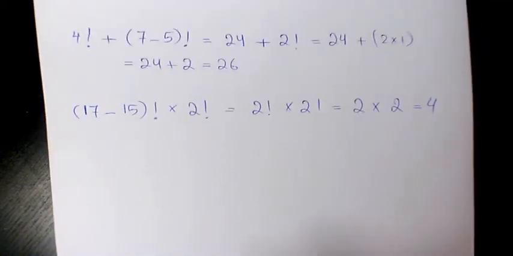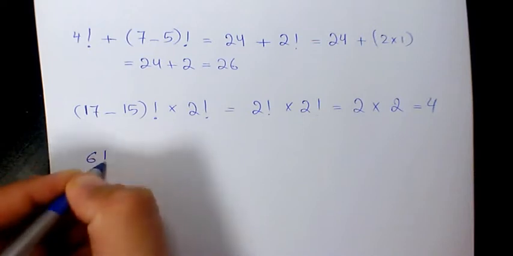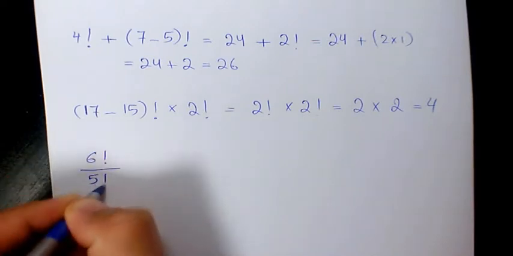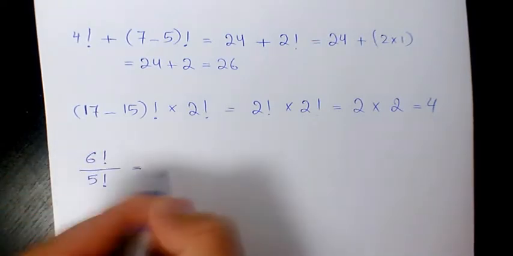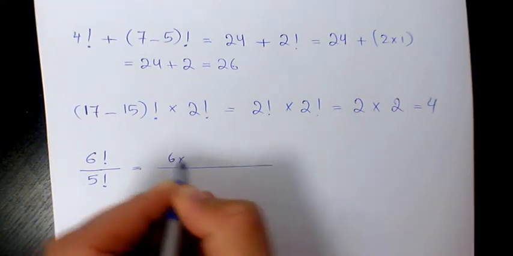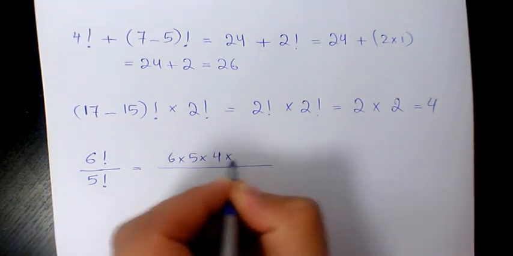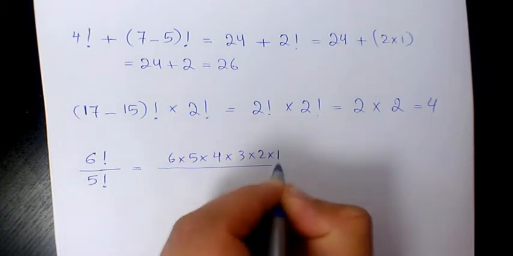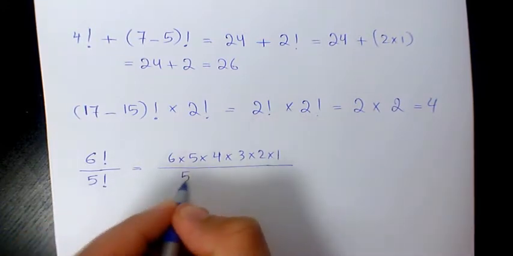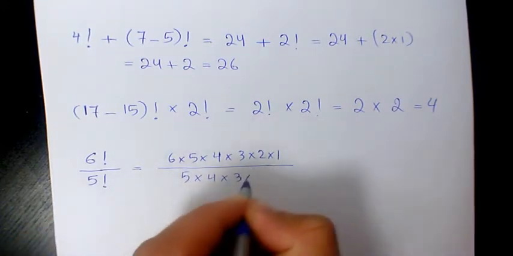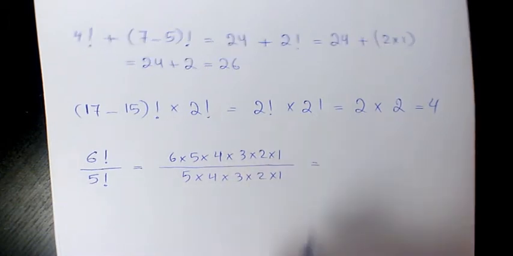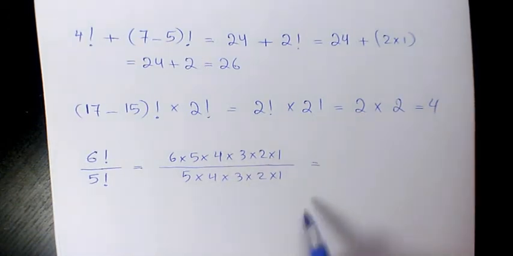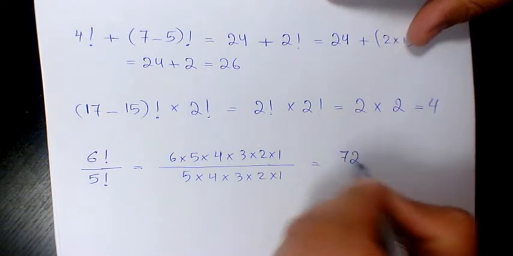Now, what is 6 factorial over 5 factorial? 6 factorial is 6 times 5 times 4 times 3 times 2 times 1. And here we have 5 times 4 times 3 times 2 times 1. Now let's calculate each of them. That's going to be 720.